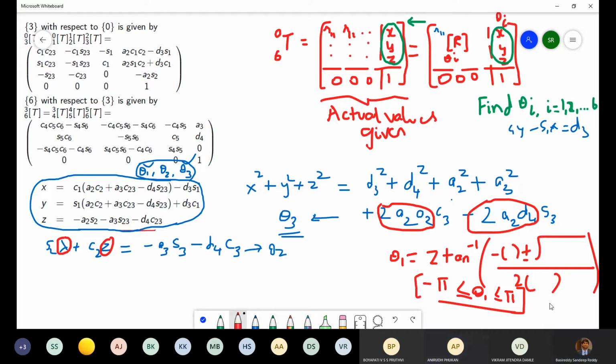Yes, sir. So we'll also have to consider other solutions for theta 1, because tan inverse can give solutions that differ by pi as well, and at least one of those alternative solutions has to lie within the range. The way of calculating the range of theta 1 is first calculate the range of tan inverse and then twice that.